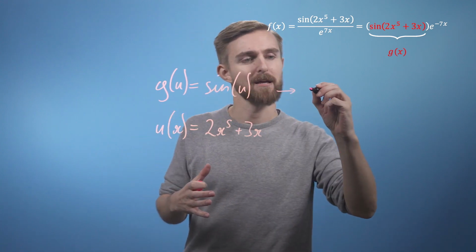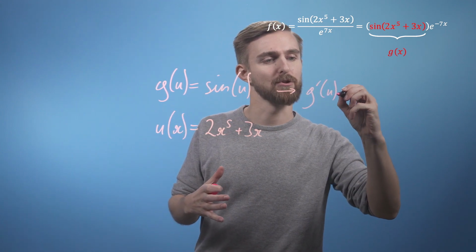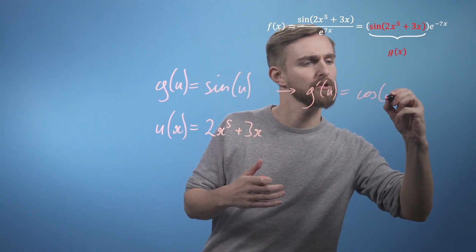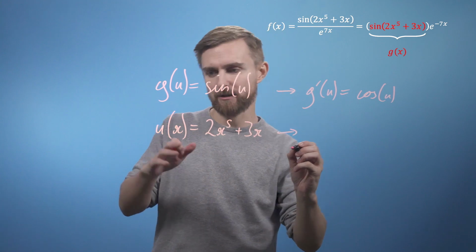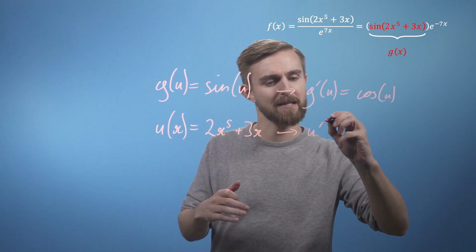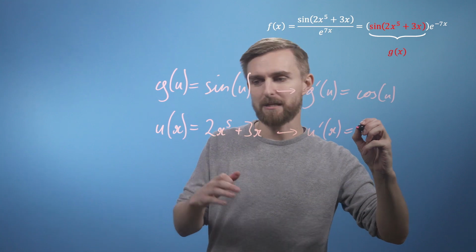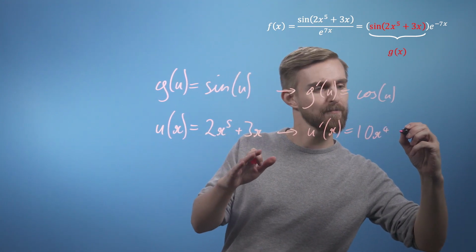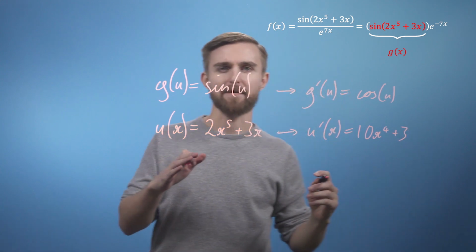So we say, okay, g dash of u is going to just equal sine differentiates to cos, so cos u, and u dash of x is going to equal 10x to the power of 4 plus 3.